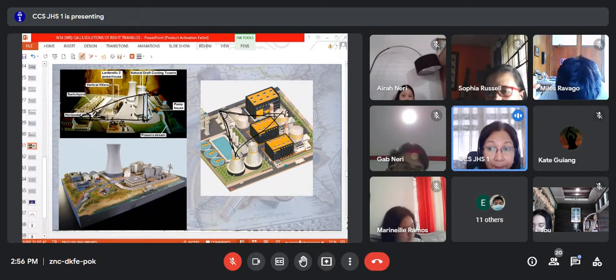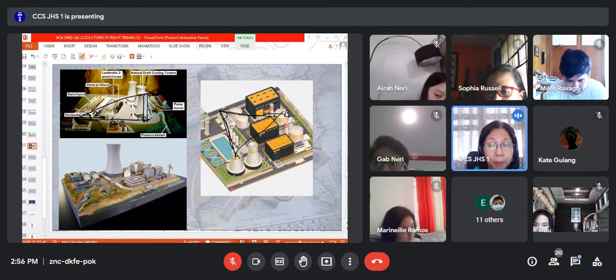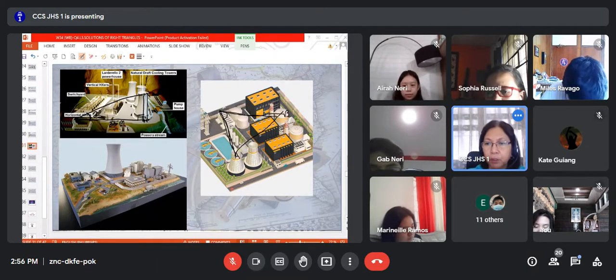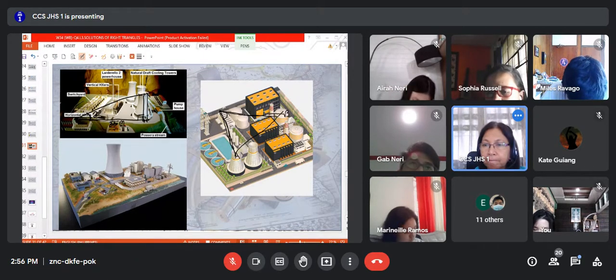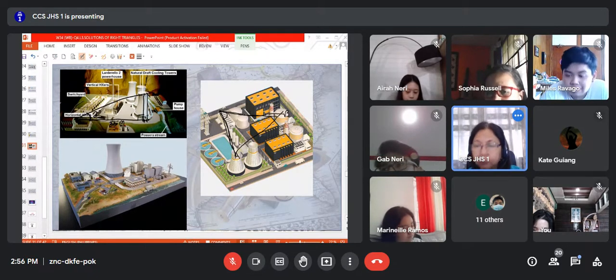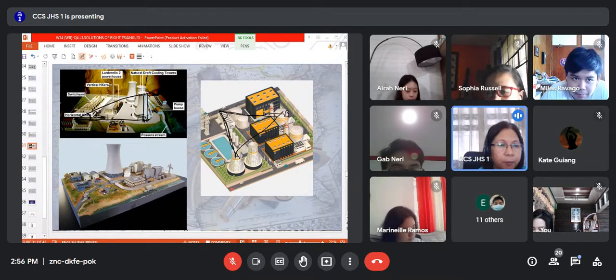So make sure that by that time you have a printed picture of your diorama. You have to print the picture. Okay? Am I clear? Okay, that's all for your PT.